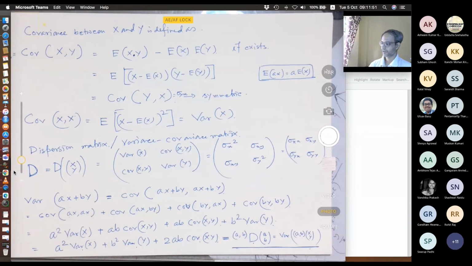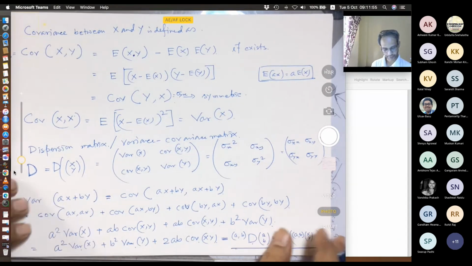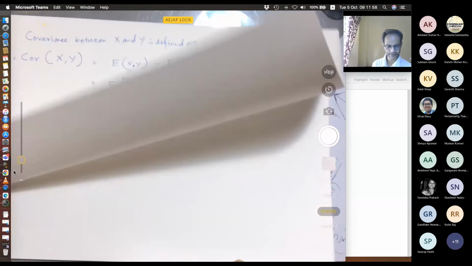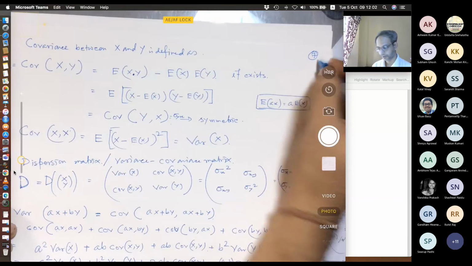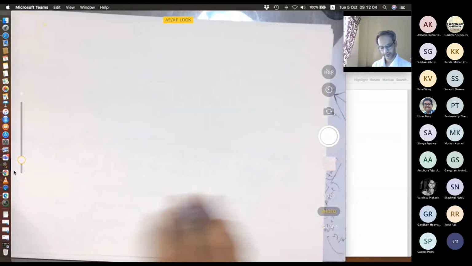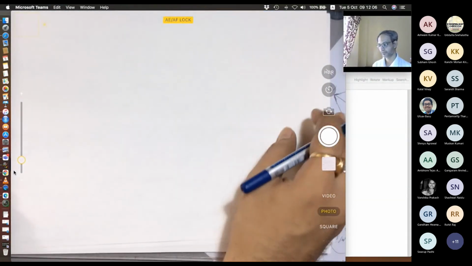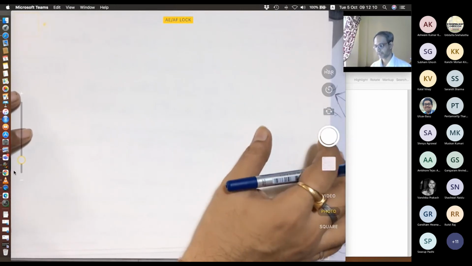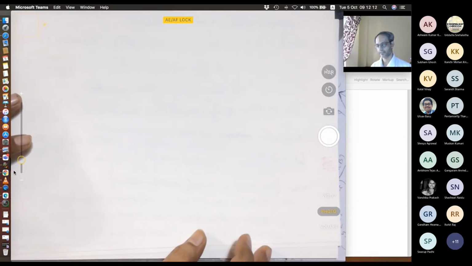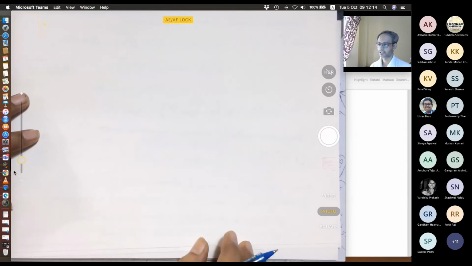Okay, so we have got the variance covariance structure at the same time. Now we will see an interesting concept, which is known as the marginal or expectation through conditional expectation. This is the key tool.